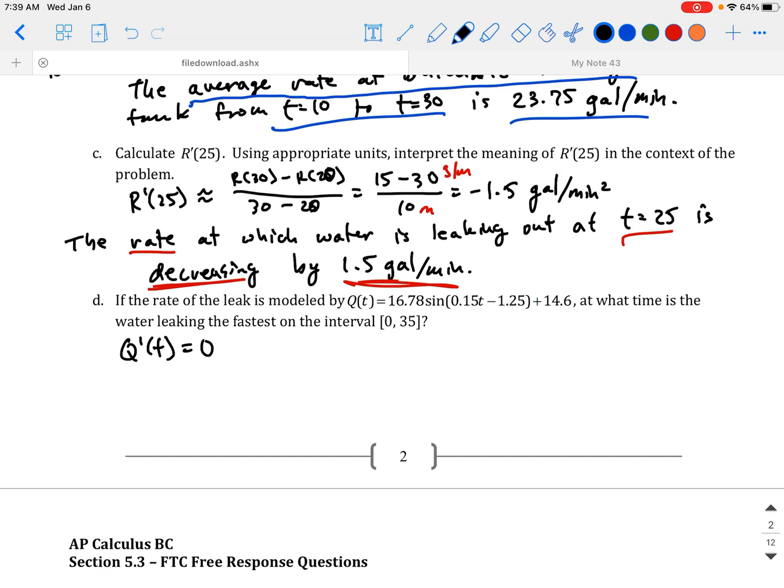Okay. And we're on the interval 0 to 35, so you want that to be your x interval.